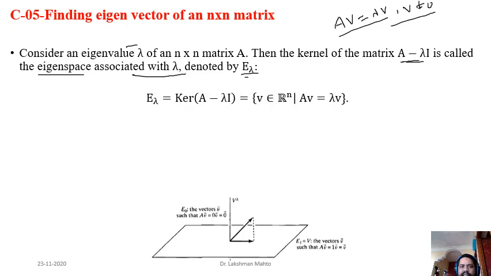E lambda is the kernel of the matrix A minus lambda I, or the eigenspace. So first we will define the eigenspace.